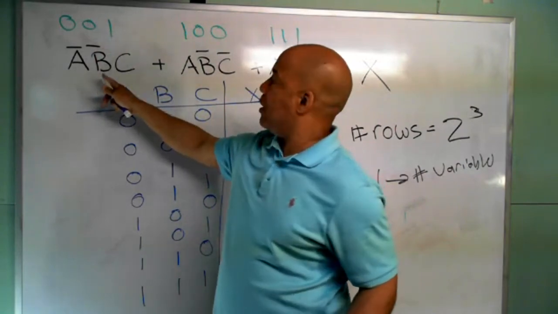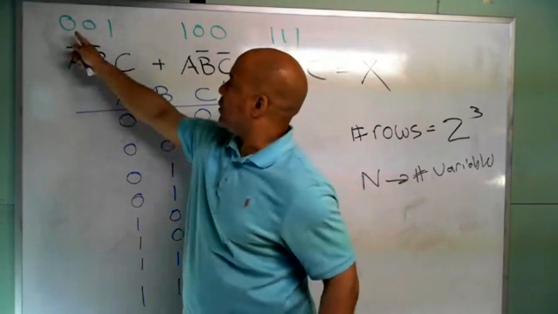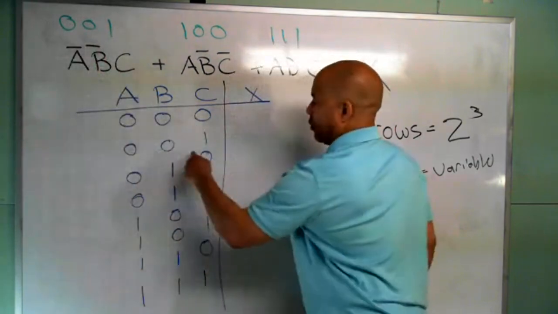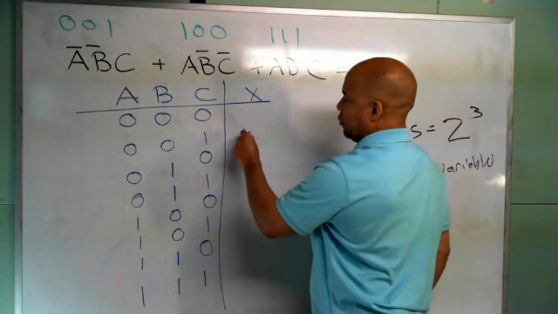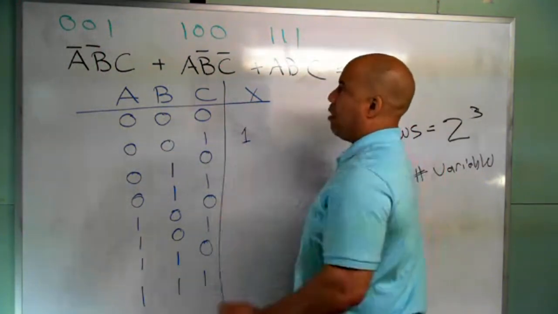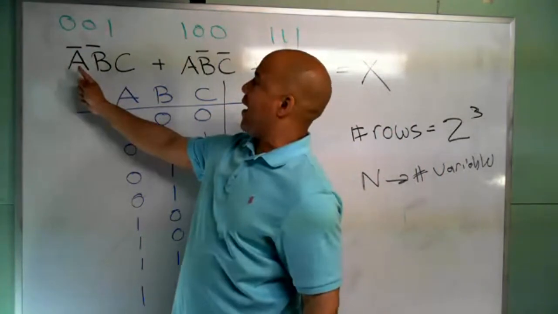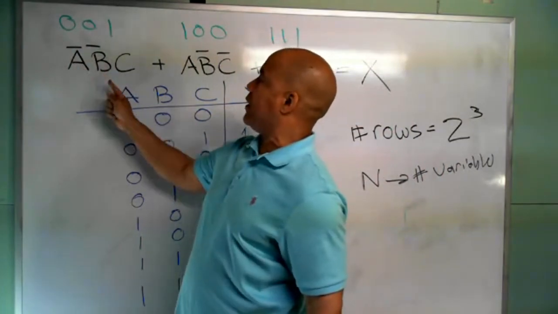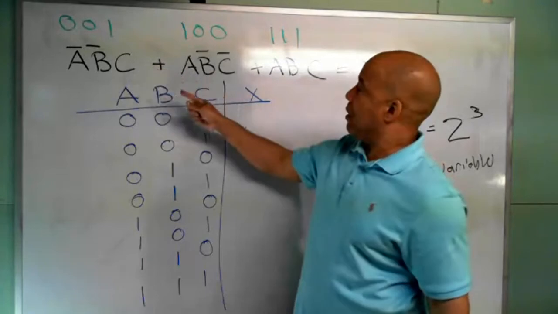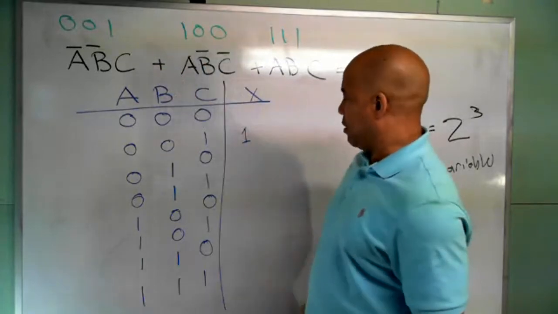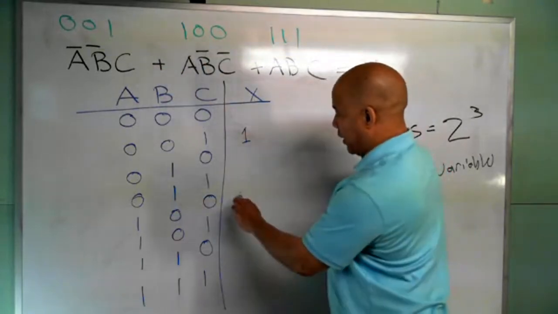This binary value was a 001. So I go to 001 here, and I'll put a 1 there. That means there's a 1 at that row in the truth table. Where this condition is true, where A is barred, B is barred, C is unbarred, there's a 1 there. Here, 1, 0, 0 is right here. There's a 1 there.